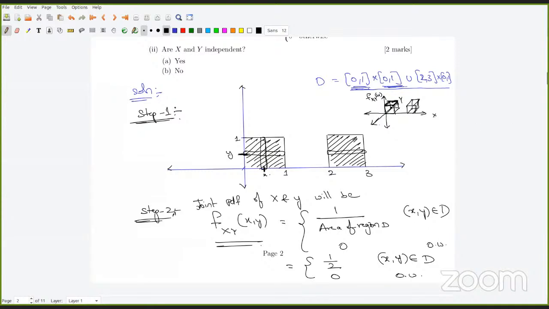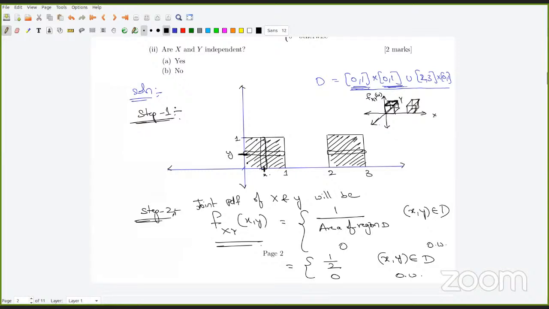And also, in order to compute the marginal densities, we integrate. So if you want to compute the marginal density of x, we integrate along y. Representing this in 3D on 2D paper will be slightly difficult, but you should understand this.